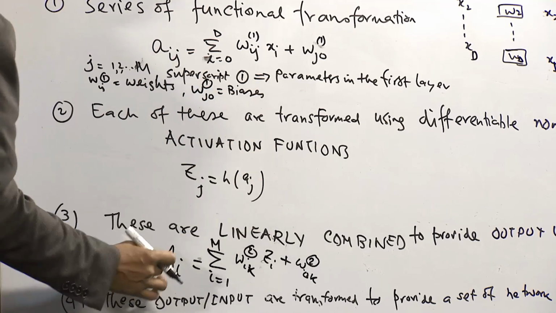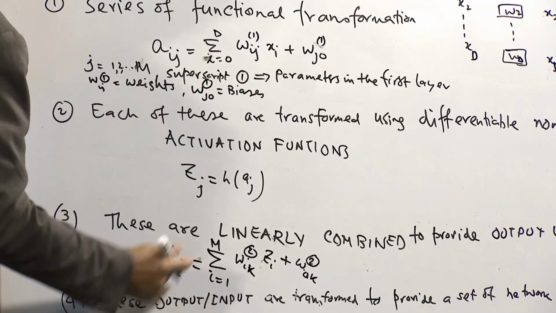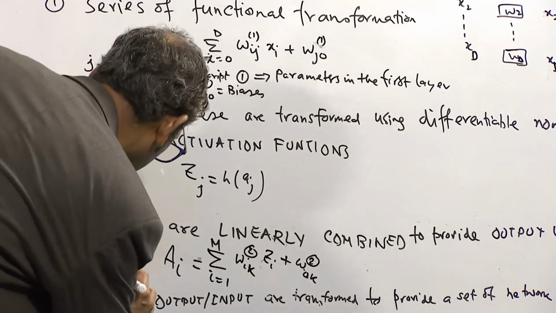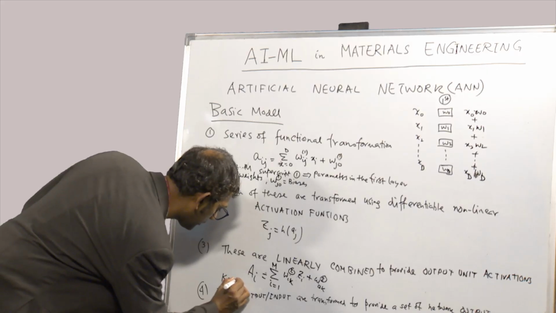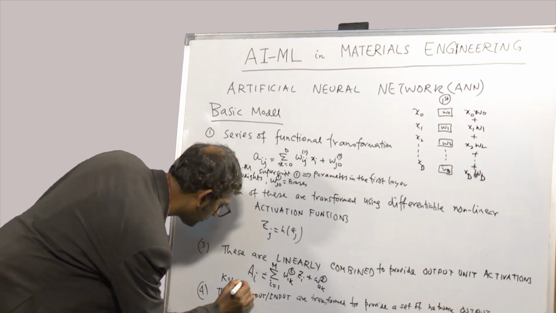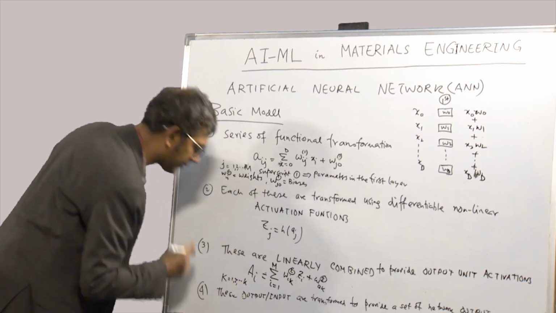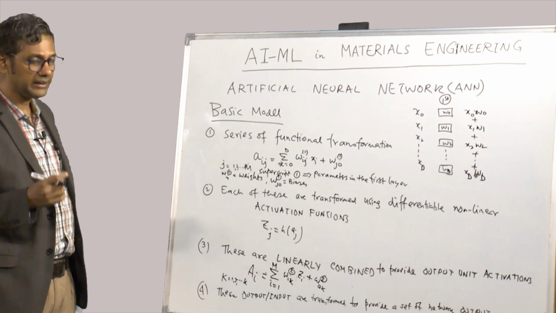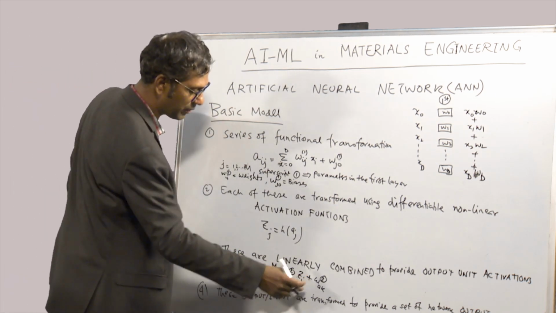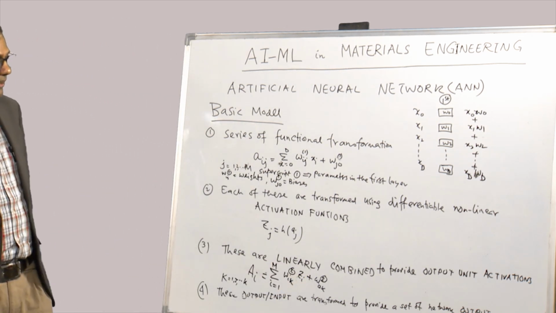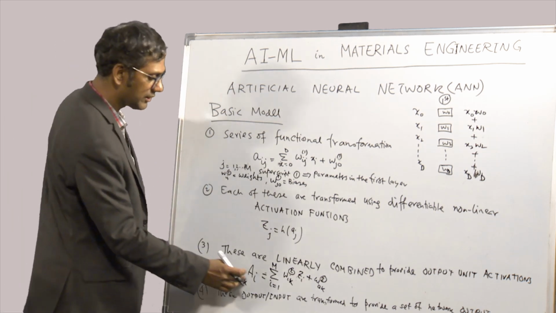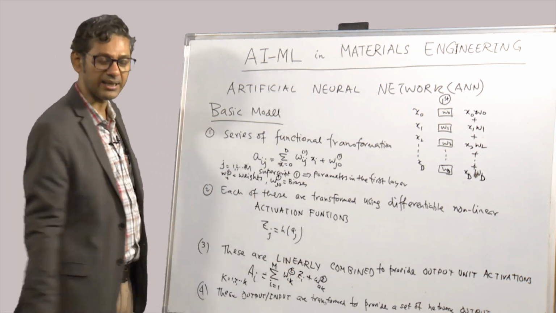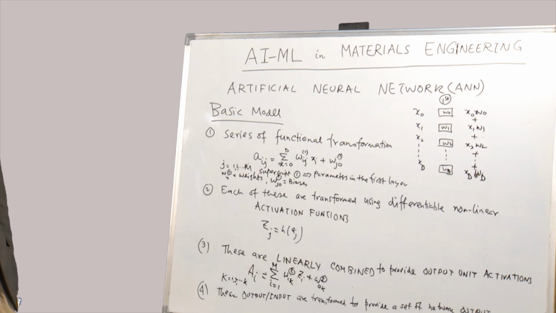After you transform that, linearly combined, and k here, k can vary 1 to K, sorry, not n, correct. This can be worked out, what is the exact value of K, what is the exact value of M, but you have to understand the steps. So, they are linearly combined to go to the second layer, and this process goes on.